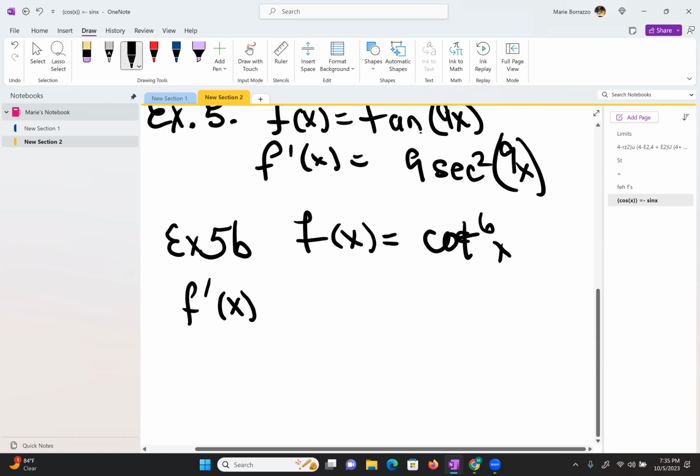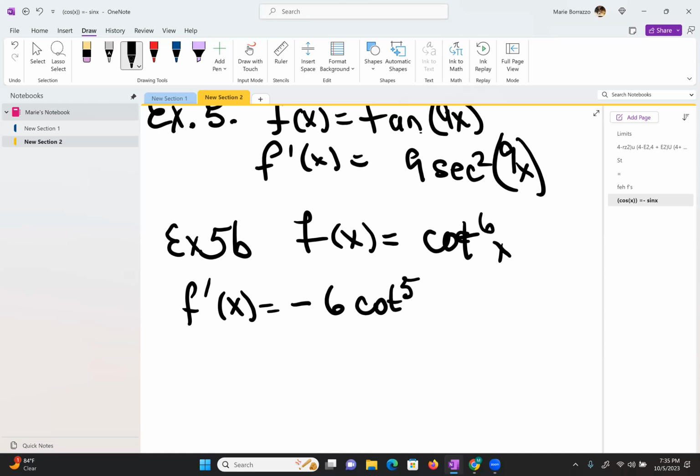Its derivative is going to be negative, because it's negative cosecant squared. So it's -6 cotan to the power 5 x cosecant squared x.